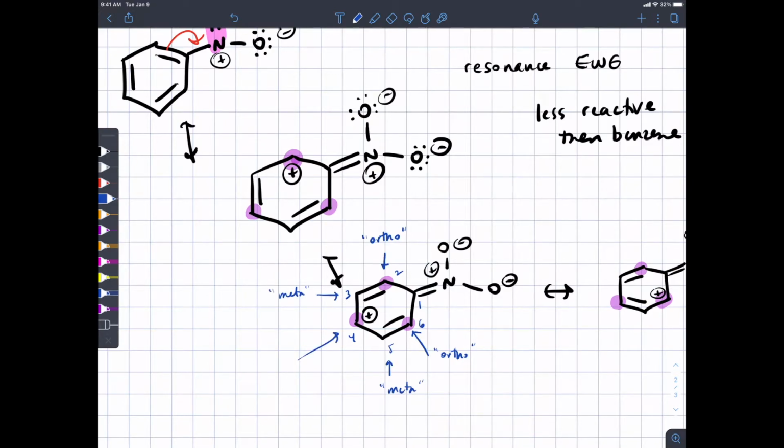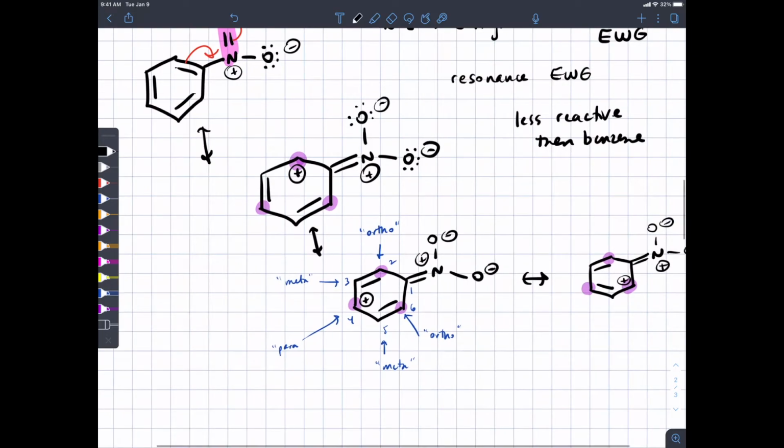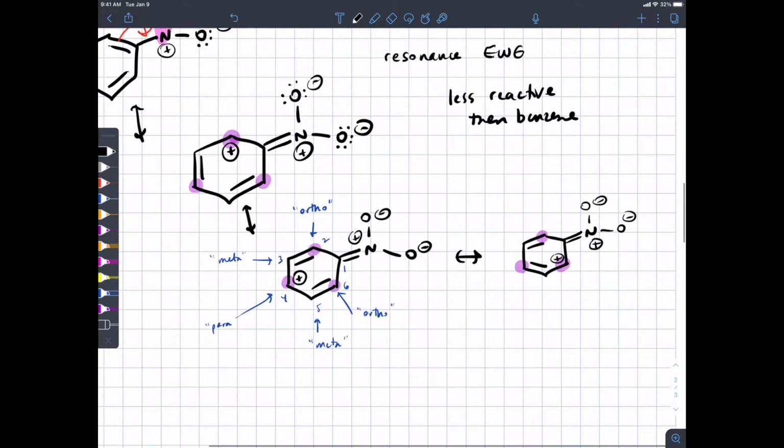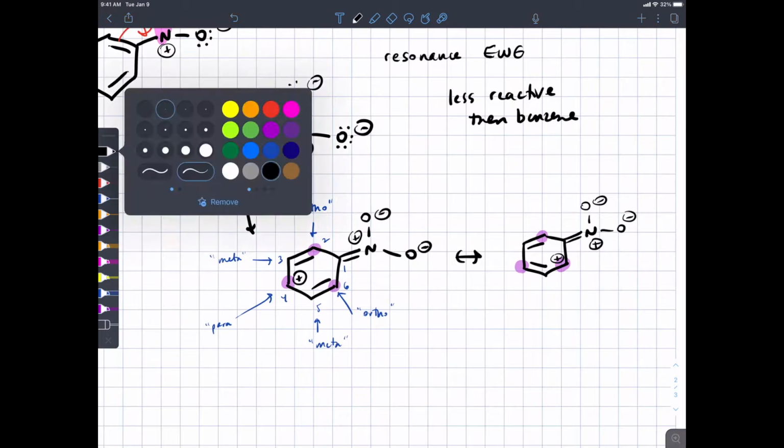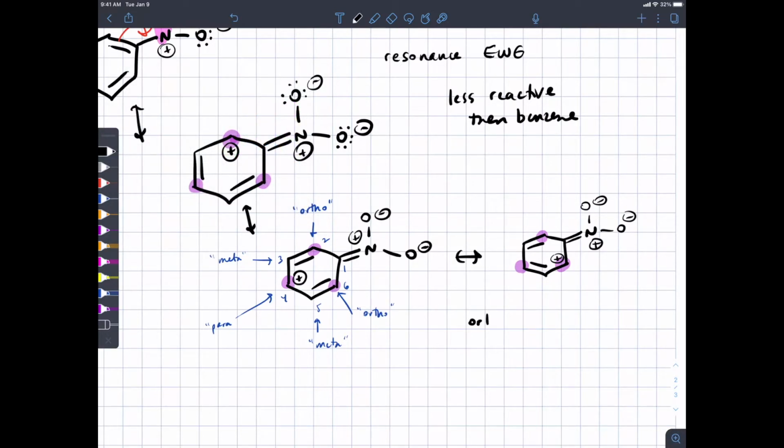And then carbon 4 is called para. All right. And we'll use that a lot as we talk about benzene rings that have more than one thing on them. But for right now, I want you to see that because of the electron withdrawing nature of the nitro group, the ortho and para carbons are especially electron poor.